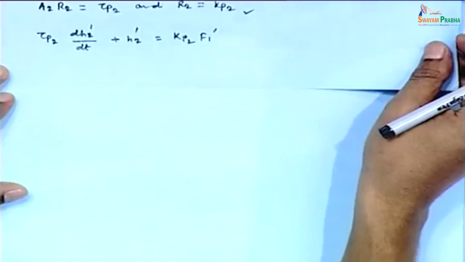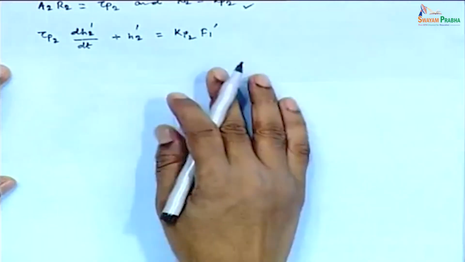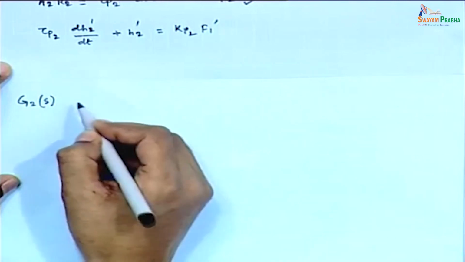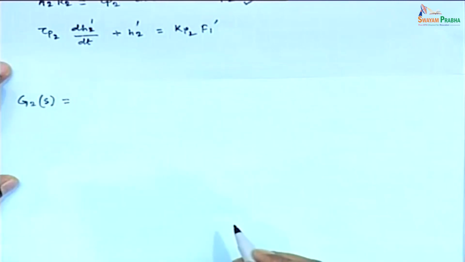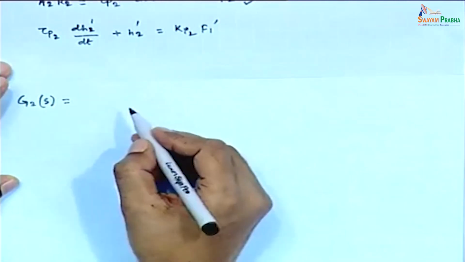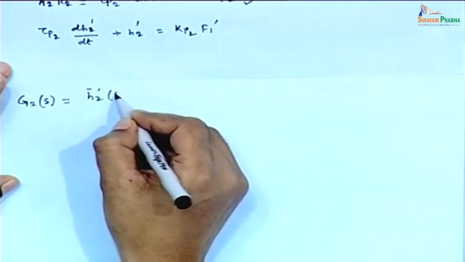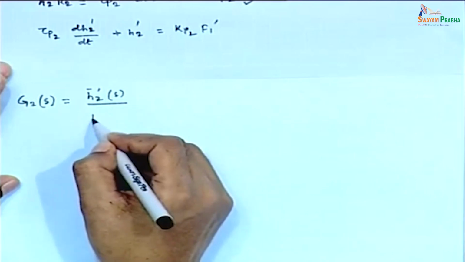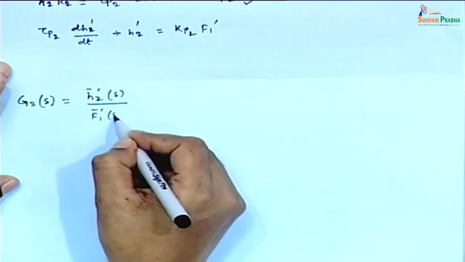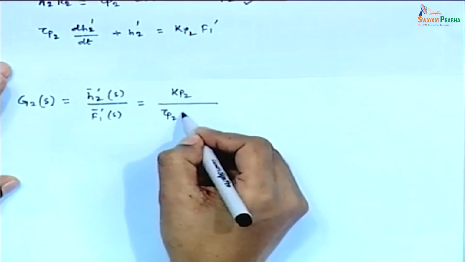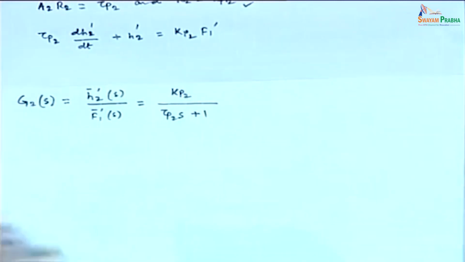and taking Laplace transform, finally we get the transfer function of tank 2 as Z2(s) equals H2 bar prime(s) divided by F1 bar prime(s) equals Kp2 divided by tau P2 s plus 1.